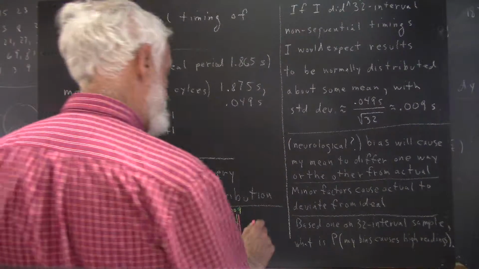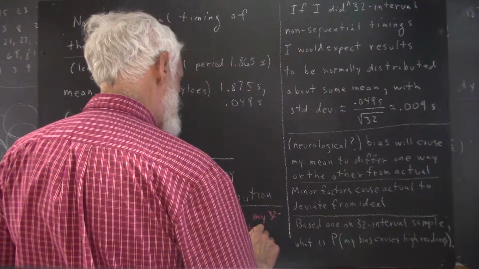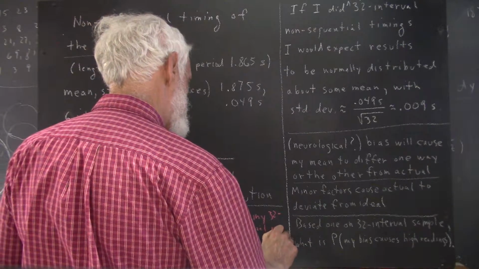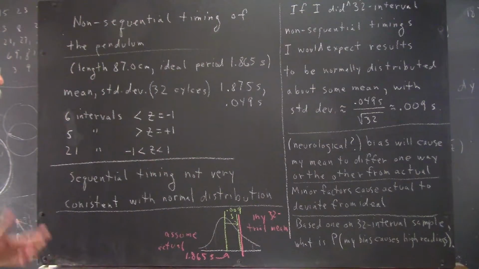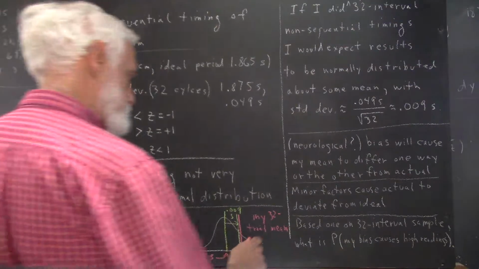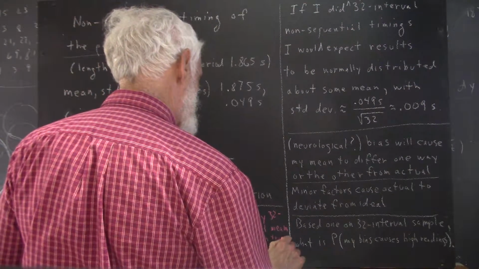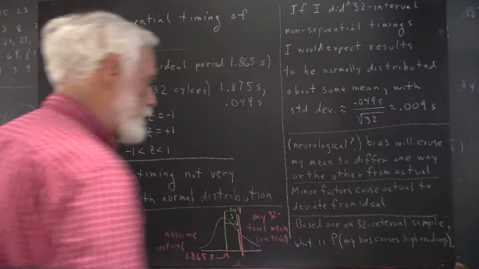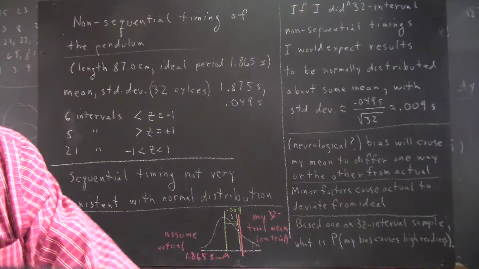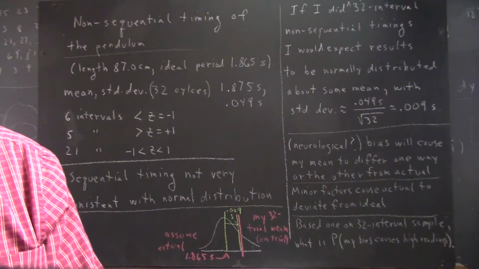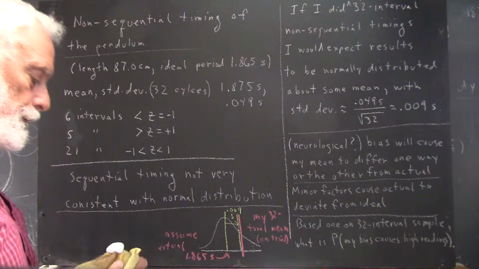So this is my 32 interval mean based on one trial, and I'm using the word trial a little, not just a little, a whole lot ambiguously. I want to call that a 32 interval timing.